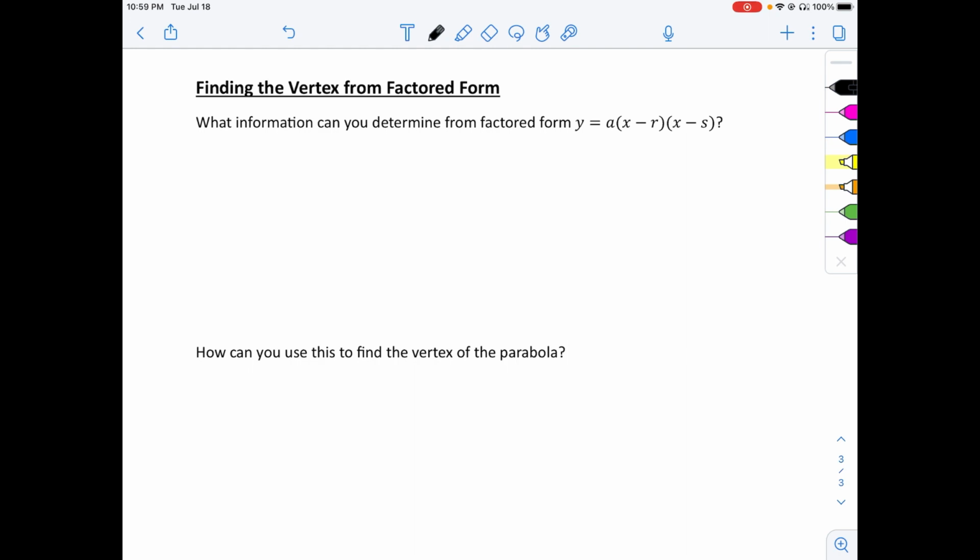Okay, so a reminder here, this is what factored form looks like: y equals a multiplied by (x minus r) multiplied by (x minus s). So the information that we can determine from factored form is the following. From the a value, I can determine the direction of opening.